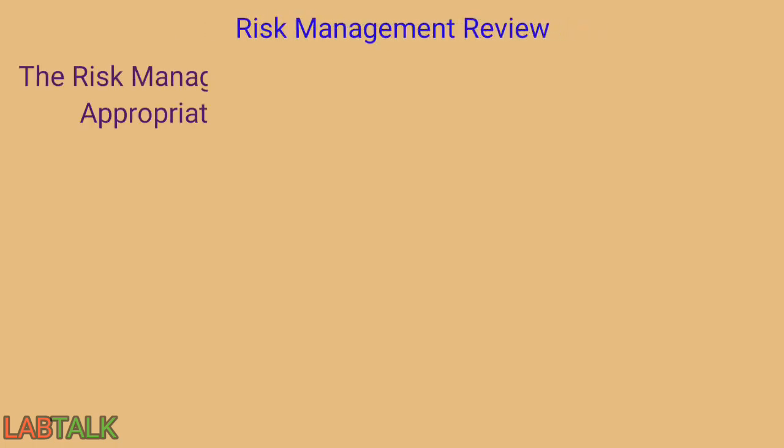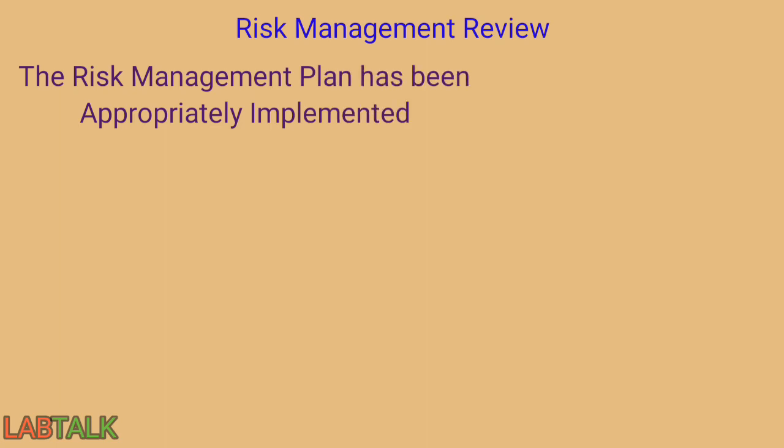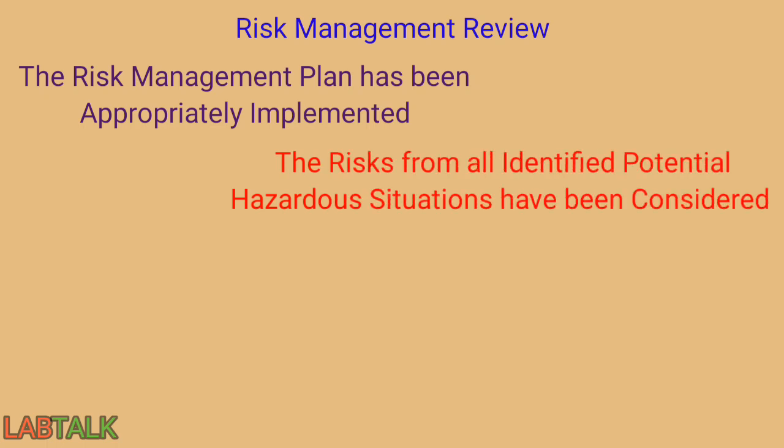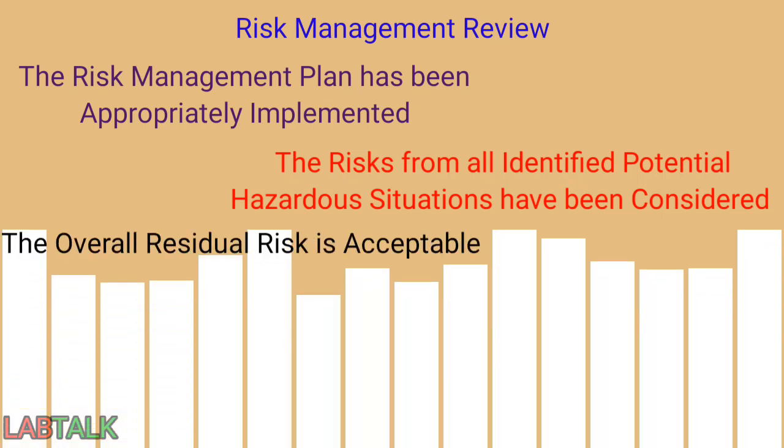What are the important things that must be included in the risk management review? First is the risk management plan, whether it has been appropriately implemented or not. Second is the risk from all the identified potential hazardous situations, whether all of them have been considered or not. Third is whether the residual risk is acceptable or not.